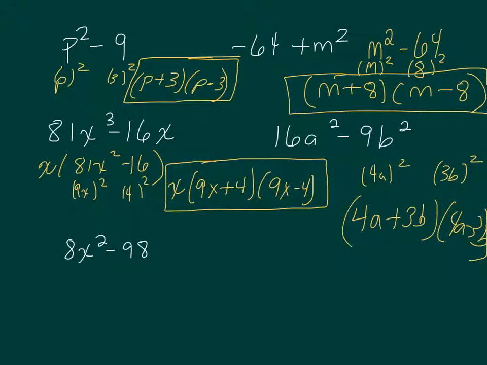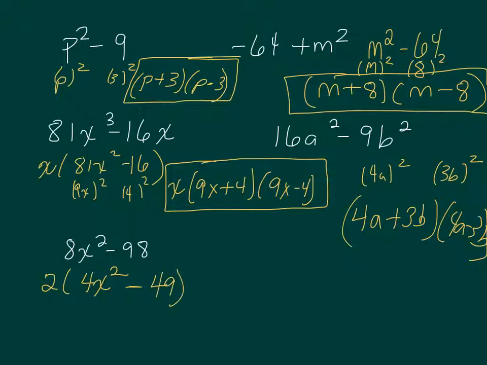Alright, and then let's look at this last one. 8 and 98. I know that they have a factor of 2. I don't think they have a higher factor, so I'm going to take a 2 out. 8 divided by 2 is 4, and then I have an x squared. And 98 divided by 2 is 49.